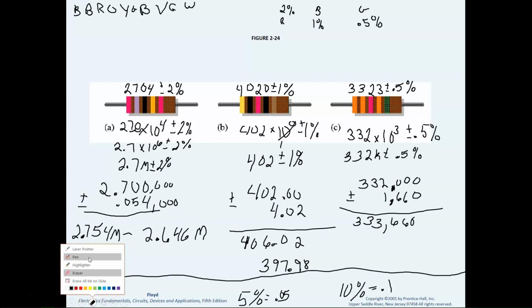All I would really need to do is exchange my comma for a decimal. Subtracting from, you should end up with 330.34. Again, all you gotta do is bring down your kilo ohm, and you have your high and your low.